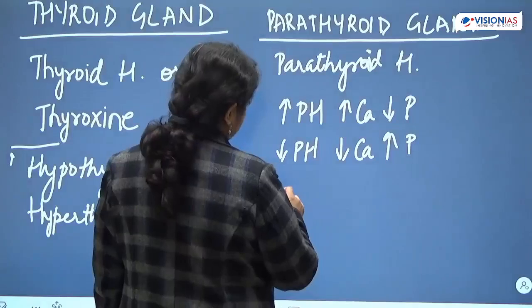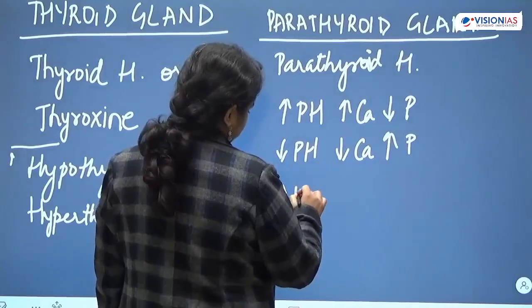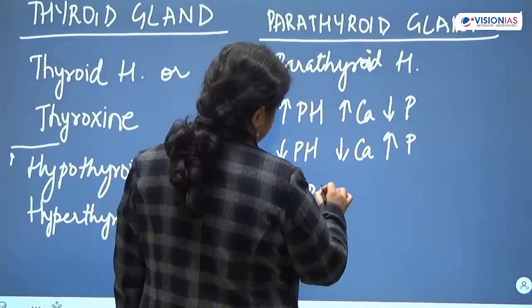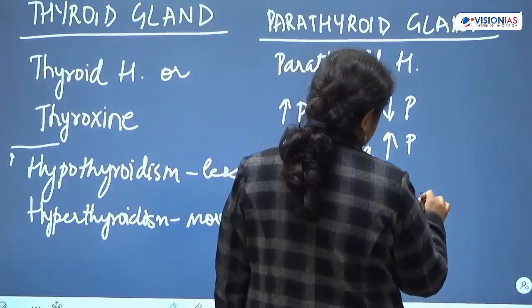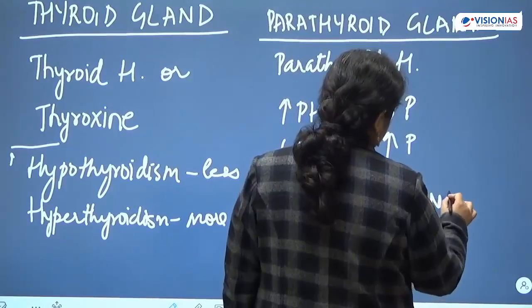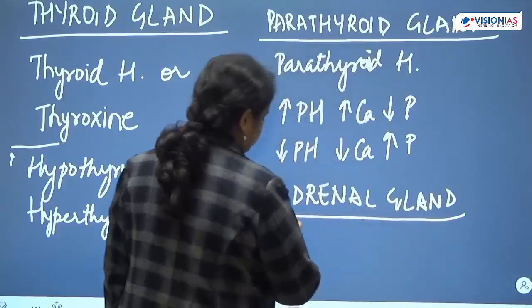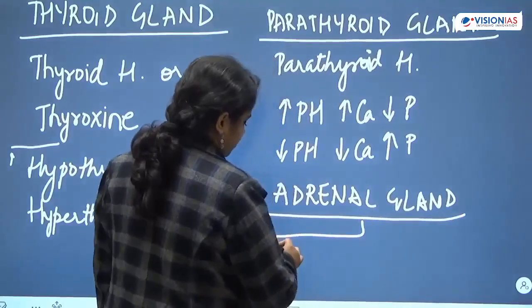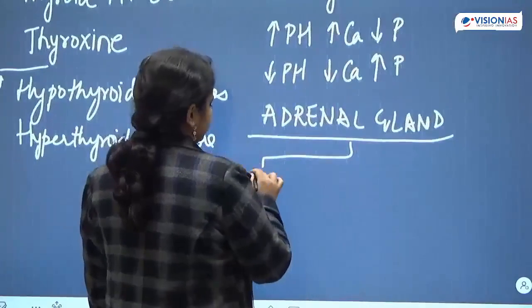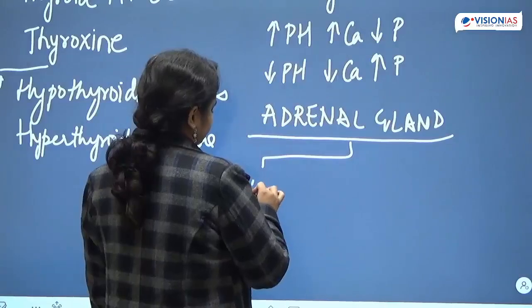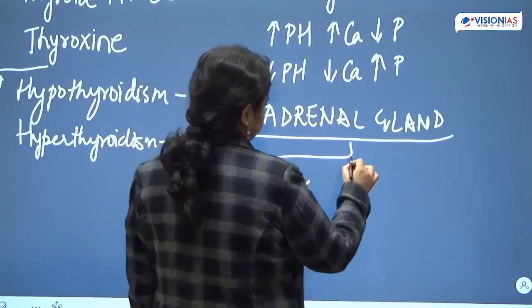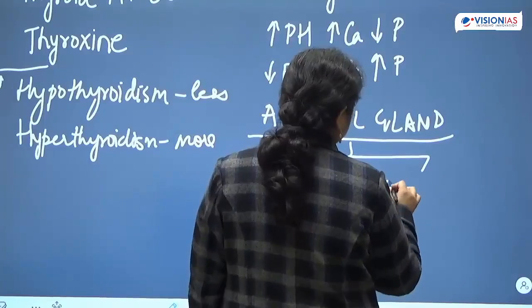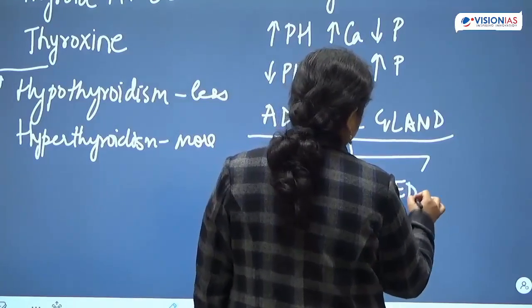Next we have the adrenal gland. The adrenal gland also, it has two parts. We can divide it into two parts. One is cortex. The second is medulla.